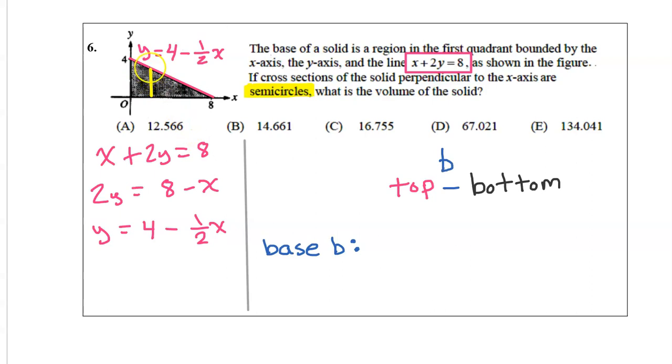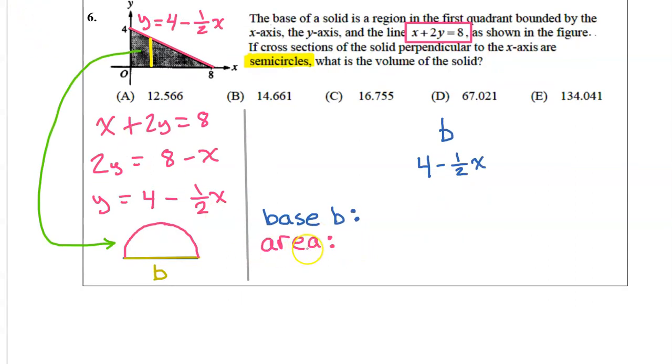When the slices are vertical, you can find an expression for the base by subtracting the top function minus the bottom function. In this case, the top function is 4 minus 1/2 x, and the bottom function is 0. But we don't need the minus 0 part. So that's it for step 1. We have our expression for base b.